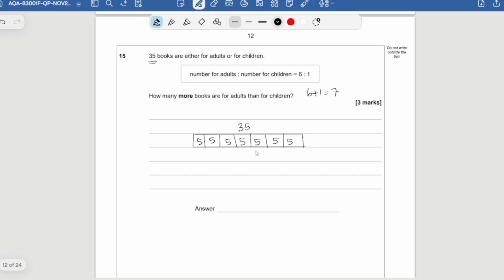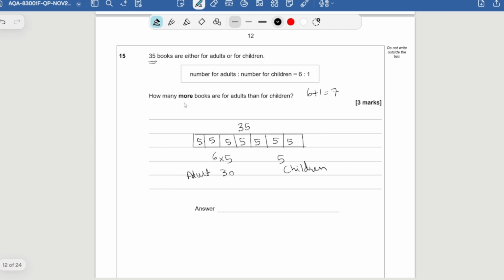Now, this will give me the actual number of books for adults and children. Adults has 6 parts of this. So 6 times 5 is 30. There are 30 books for adults and 5 books for children, to make a total of 35 books.